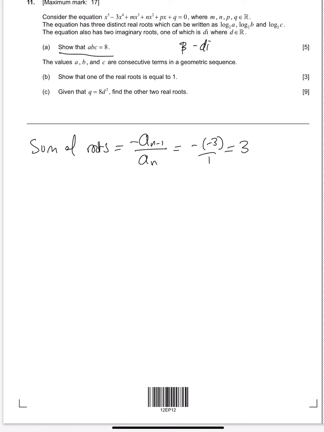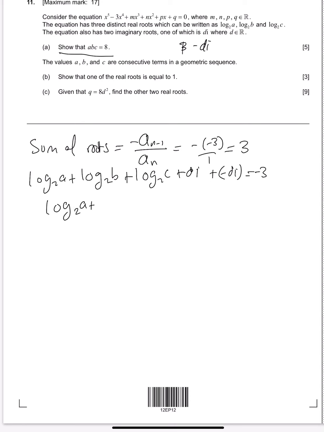That's 3. And this is equal to log base 2 of a plus log base 2 of b plus log base 2 of c plus di plus minus di. That's equal to 3, so log base 2 of a plus log base 2 of b plus log base 2 of c is equal to 3, not minus 3.